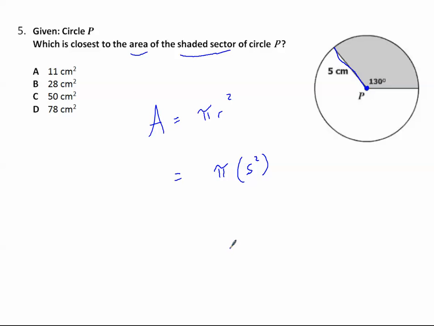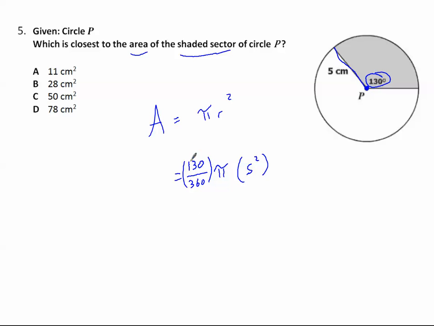Now, how much of this do we want? In this shaded section, I see 130 degrees. Always take what you want and put that on the top of the fraction. Below that, you always put the entire amount of whatever you're talking about. In circles, the entire circle that you're talking about is 360 degrees.